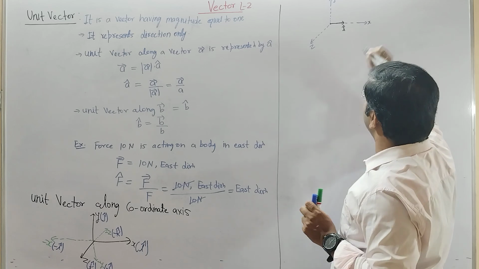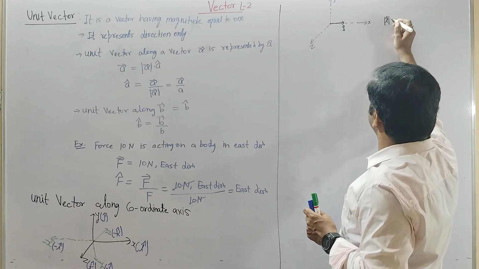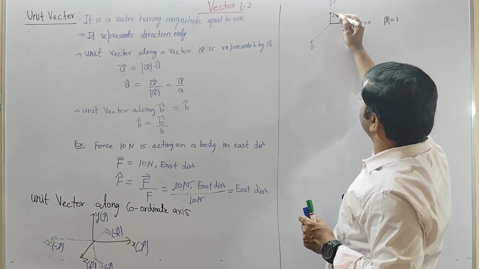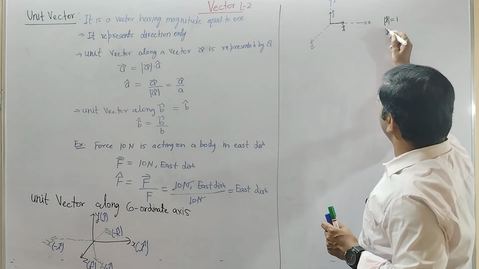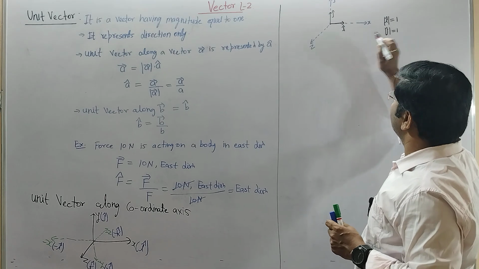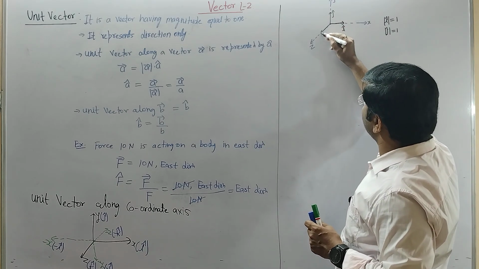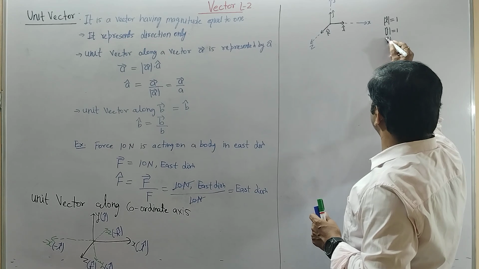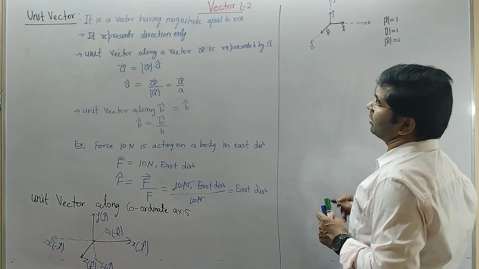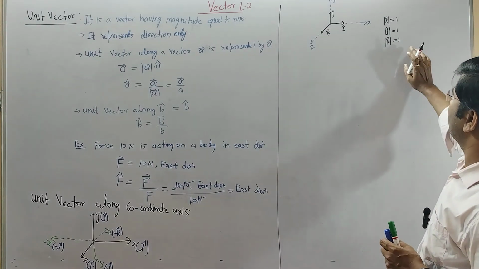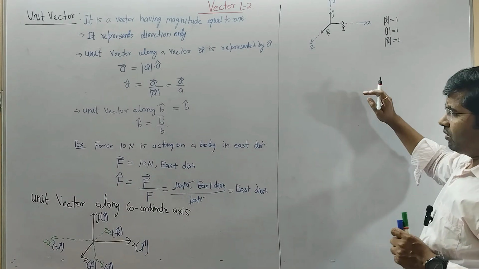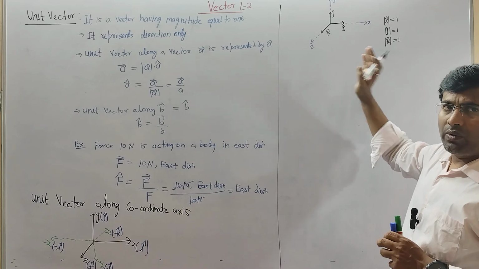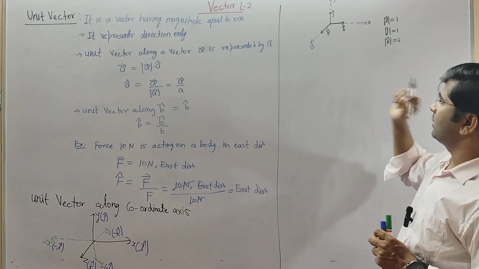The magnitude of this I cap will of course be 1. Along this direction I will represent by j cap, and again the magnitude of this j cap is 1. In this direction I will represent by k cap, and of course the magnitude of this k cap is also equal to 1. So here the unit vector magnitude will always be 1, and in coordinate axis we have assumed along x I cap, along y j cap, along z k cap.